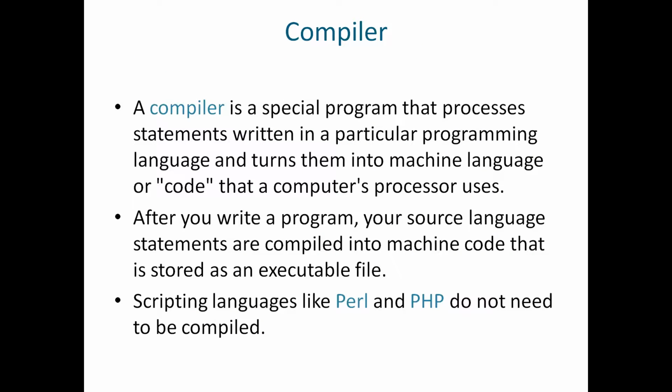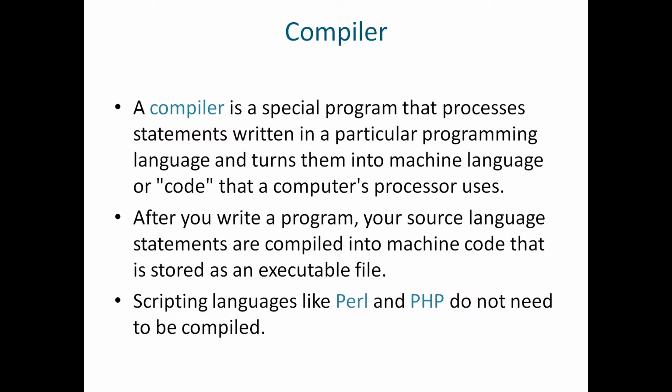Compiler, we used this word a few slides ago. A compiler is a special program that processes statements written in a particular programming language and turns them into a machine language or code that a computer's processor uses. Compiler is basically just that third man who converts the instructions, who makes both user A and user B understand whatever they are speaking to each other.